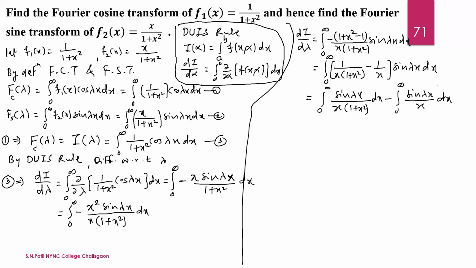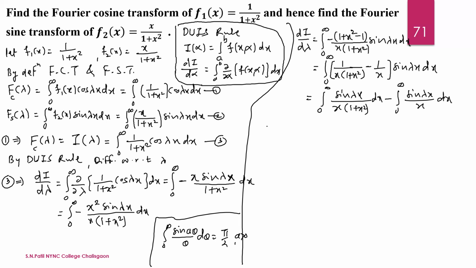Now see the second term. For the second term, there is a standard result. We know the result is the integral from 0 to infinity of sine of a theta divided by theta with respect to theta is pi by 2, where a is positive. Here lambda is positive, so the second integral is pi by 2.